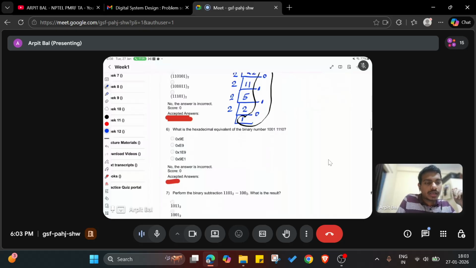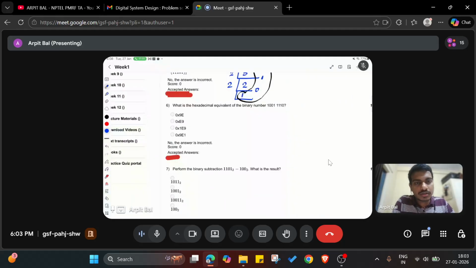So we are given a binary number 1001 1110, and we are supposed to figure out what is the hexadecimal equivalent.